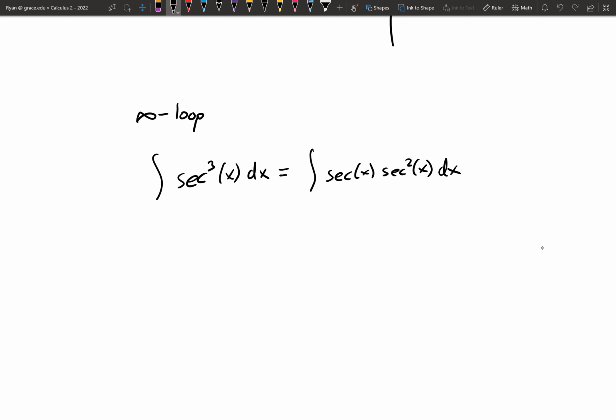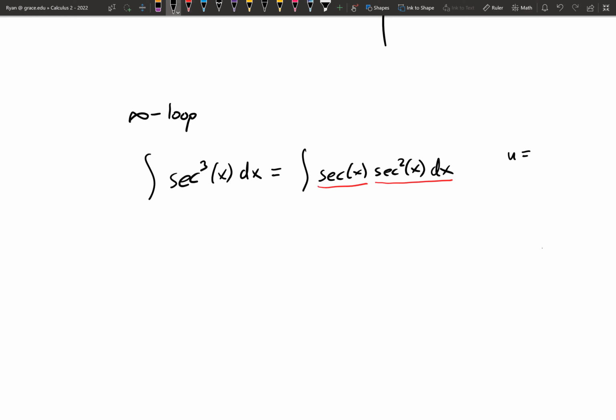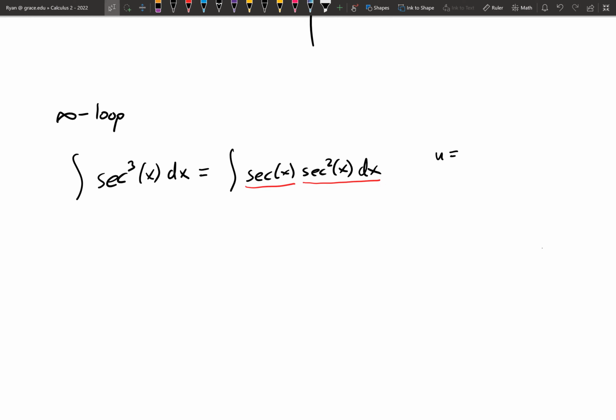Now, does one of those look like the derivative of a function you might know? And the answer is yes. Secant squared is the derivative of tangent. So then that means we'll do u equals the secant of x dx.